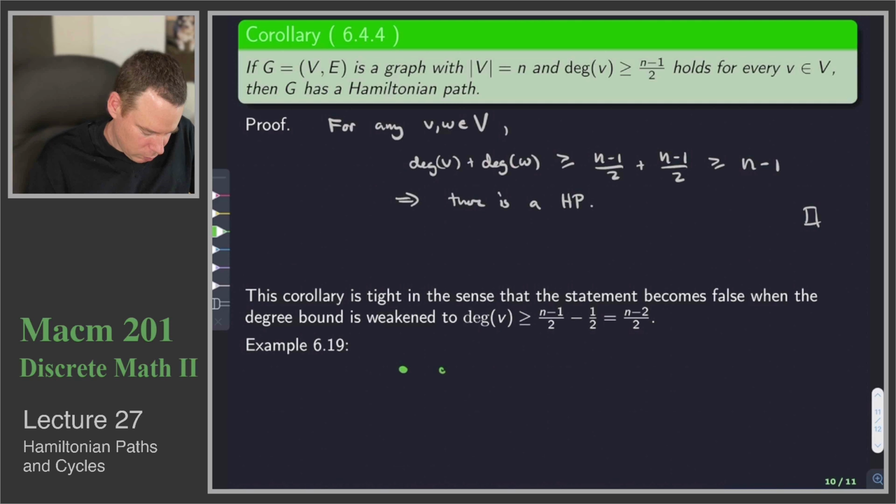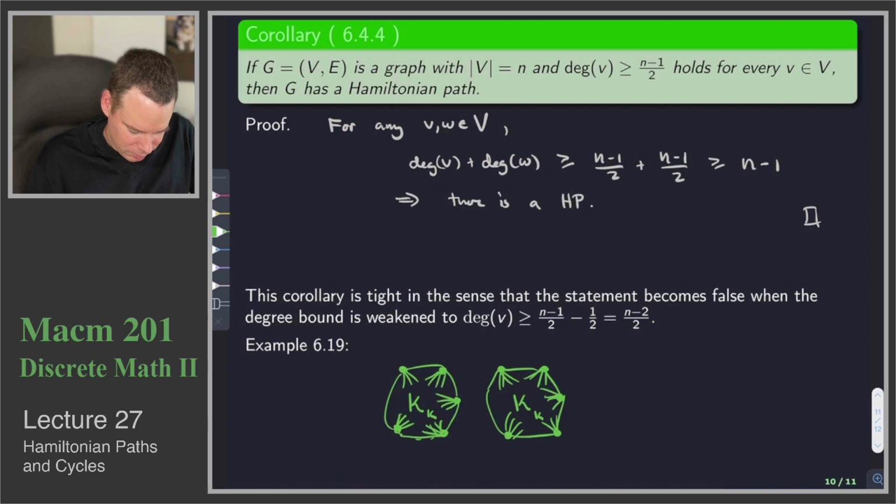Well, an example would be we take a copy of K sub k, and it's going to look like this. We've got these edges. So a complete graph on k vertices. And so it looks like that. And I just take a second copy of that same thing. And let's let that be our graph G. Then n is equal to 2 times little k.